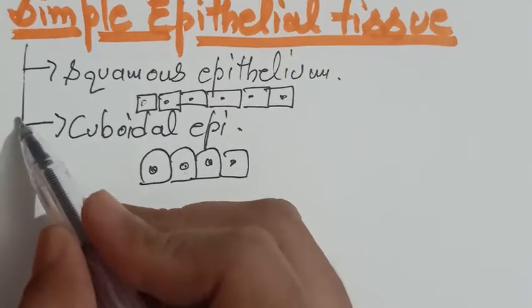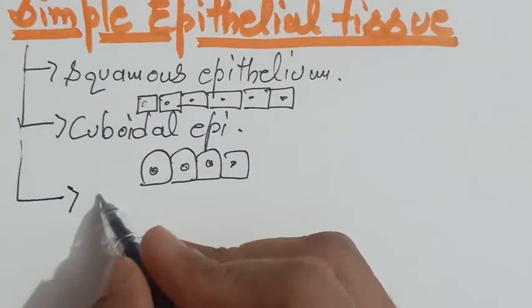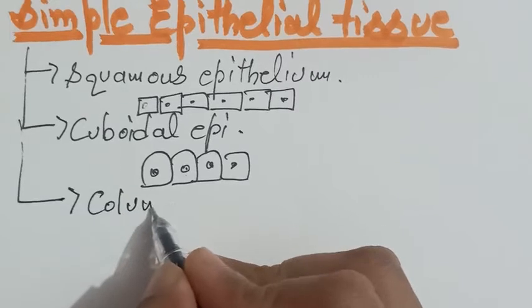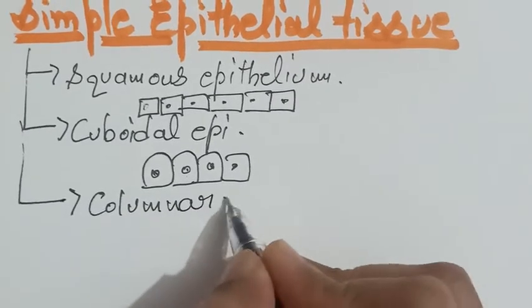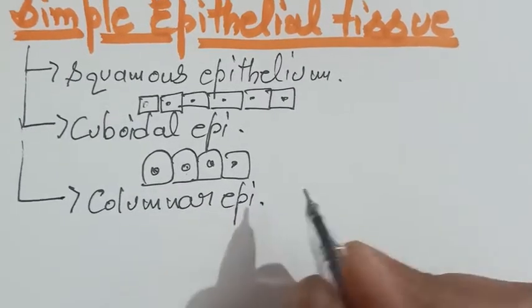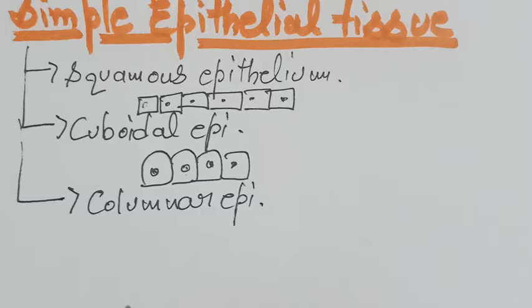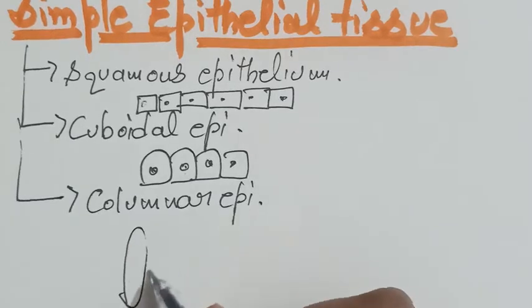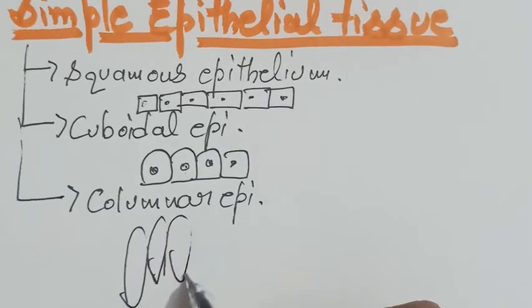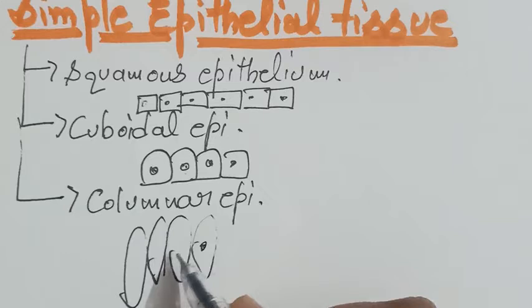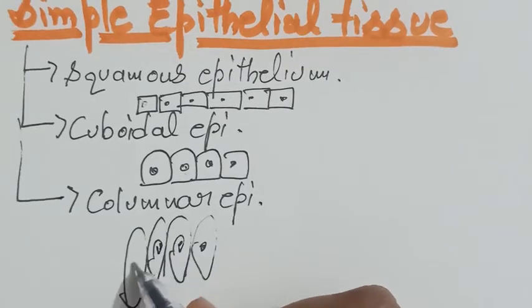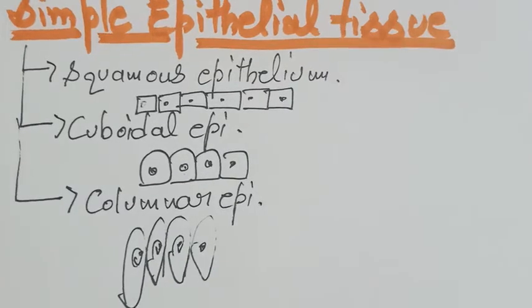Next to cuboidal epithelium is columnar epithelium. Columnar epithelium means cells are column like structures.